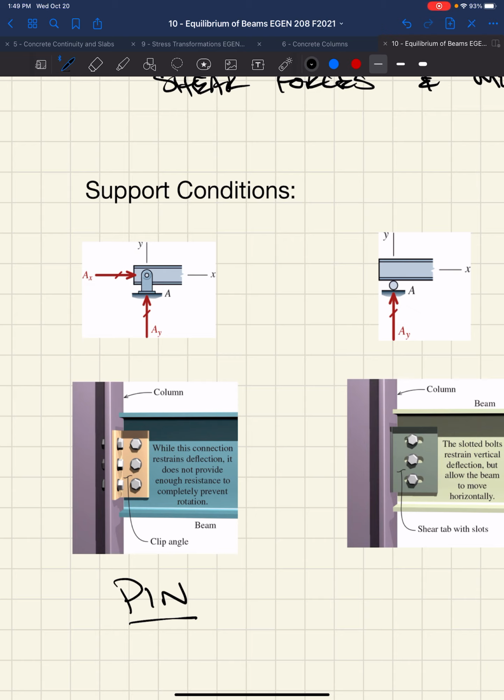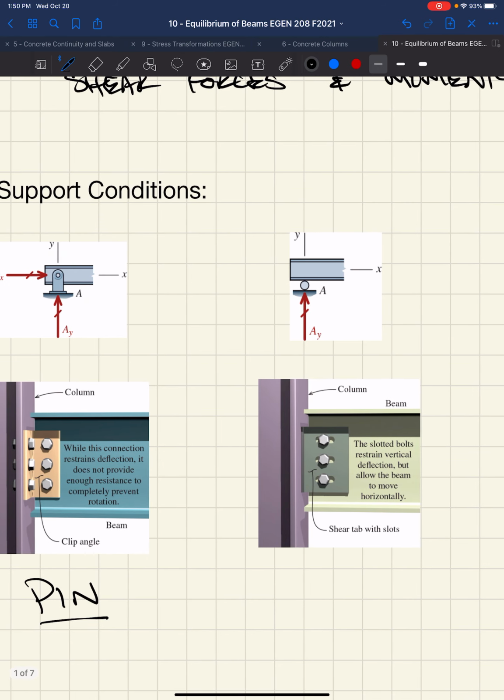Essentially, we have translational fixity. The beam can't go anywhere vertically, horizontally, or in and out of the page if it was pinned in the z-axis. But it can rotate. There's no rotational stiffness. It's just a pin, good old teeter-totter.